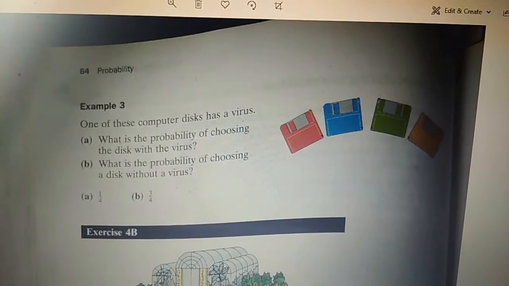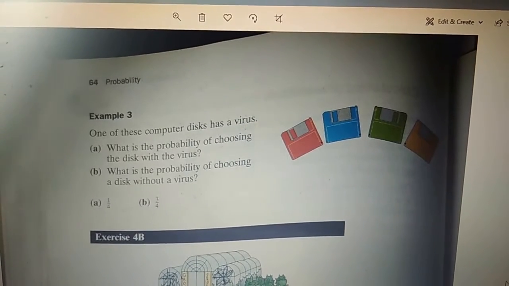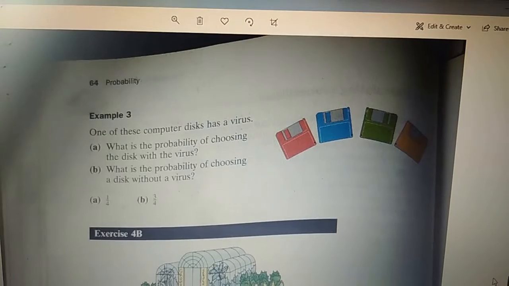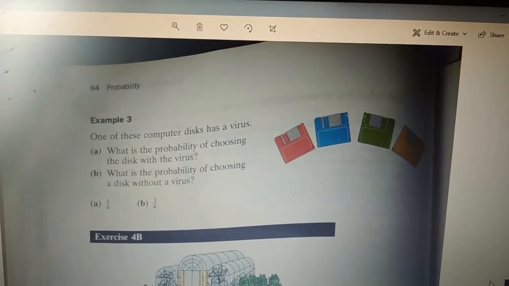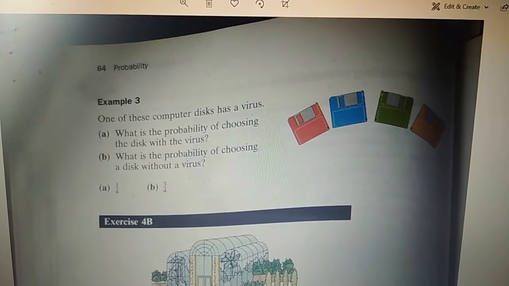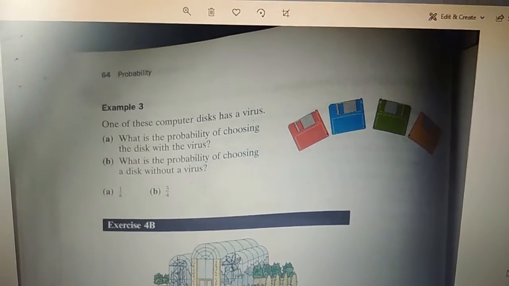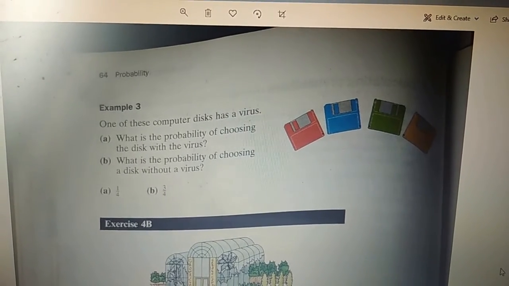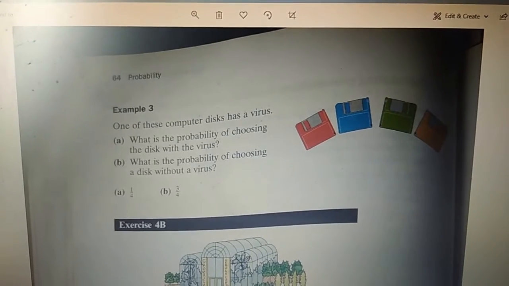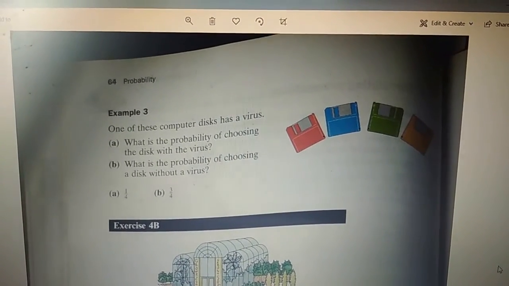As per the question, out of these 4, only one has the virus, and the other 3 are virus free. So in question B, the probability of choosing a disk without a virus is definitely 3 by 4. Why? Because only one has the chance of having the virus, but the other three don't.